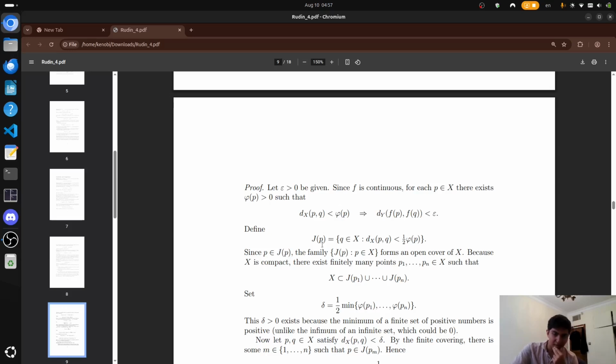Now define J(p) equals the set of q in X such that d_X(p, q) is less than 1/2 phi p. So you're taking something inside this neighborhood and calling it J(p), and it's basically having half of the distance that you're defining.